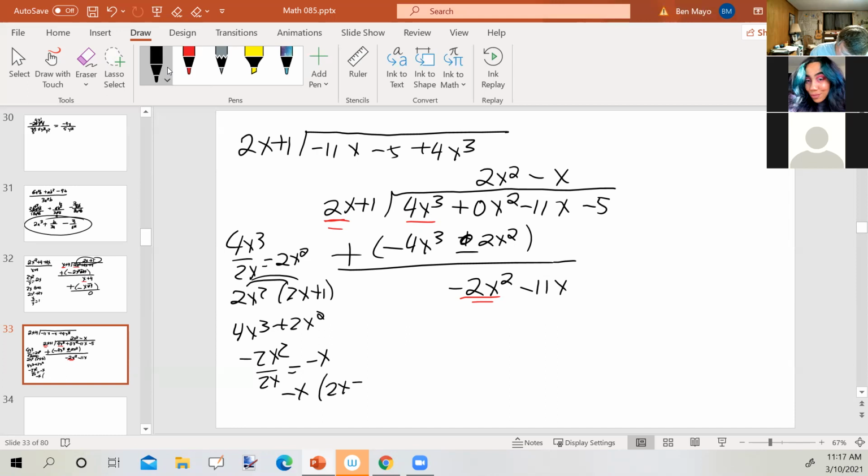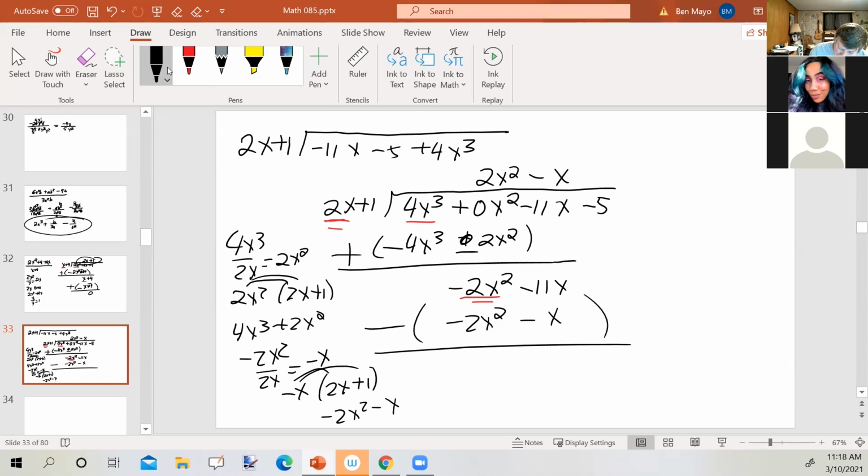Negative x times 2x plus 1 is negative 2x squared minus x. We're going to subtract that from what's up above, change it to addition of the opposite, and we get 0x squared negative 10x minus 5. Leading term divided by leading term.